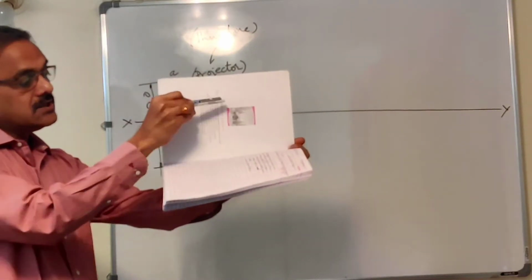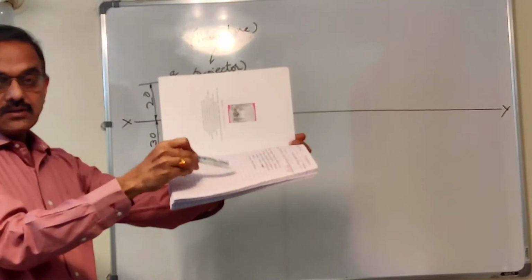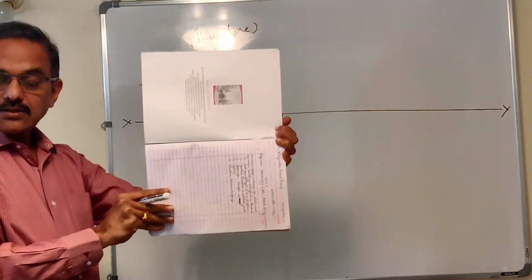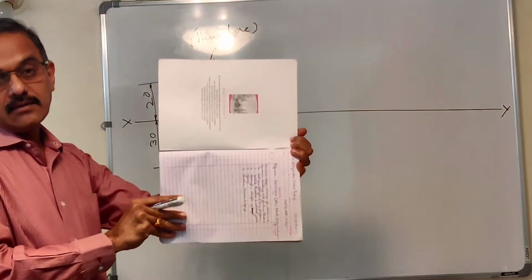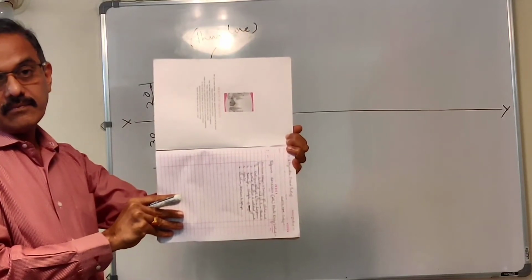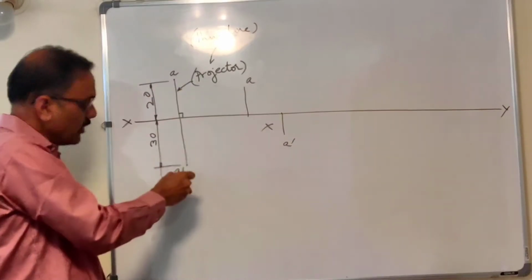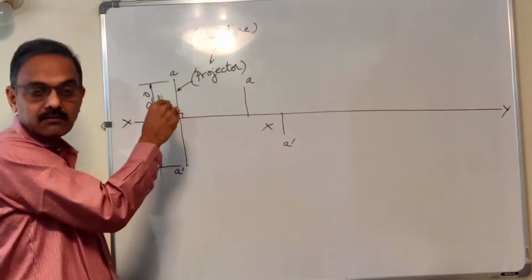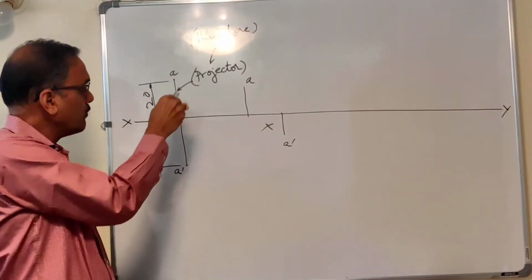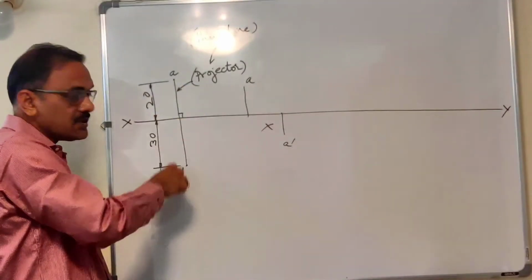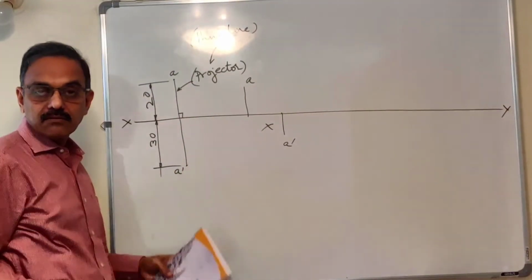So let us say this is A and this is A dash. When I rotate, A dash will exactly go below A. That's the reason why when you are representing a point, both A and A dash should lie on the same projector. That's very important.